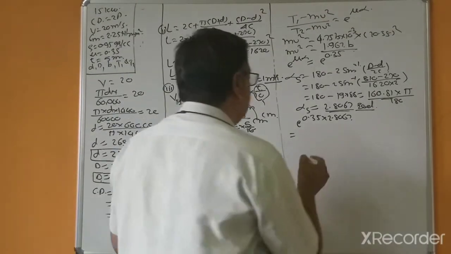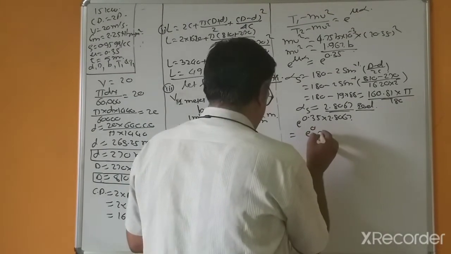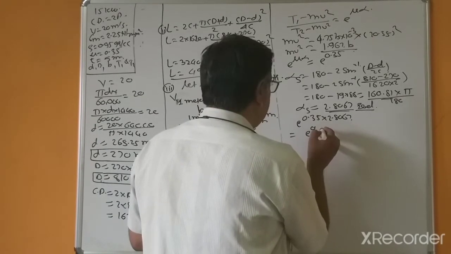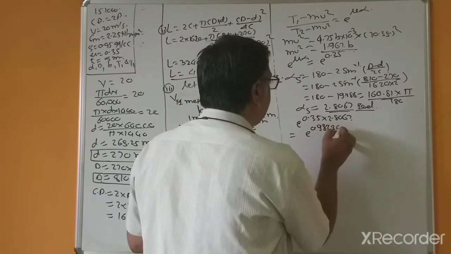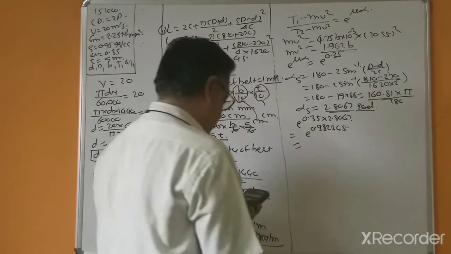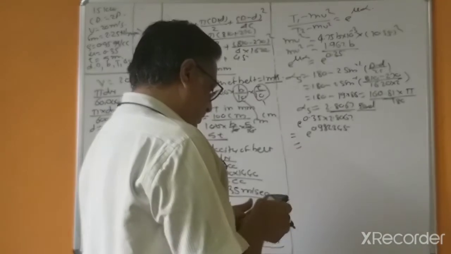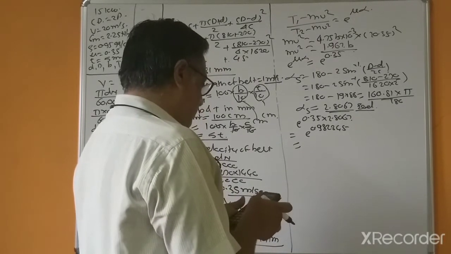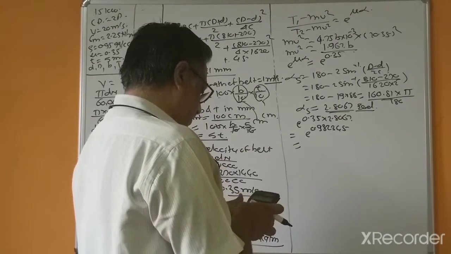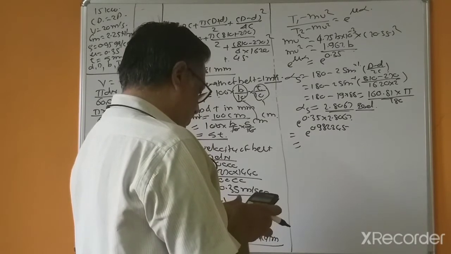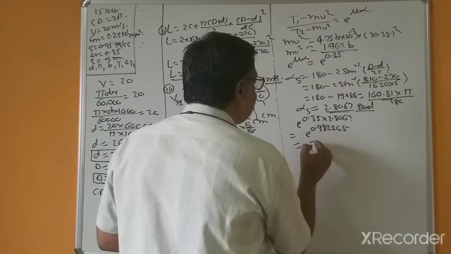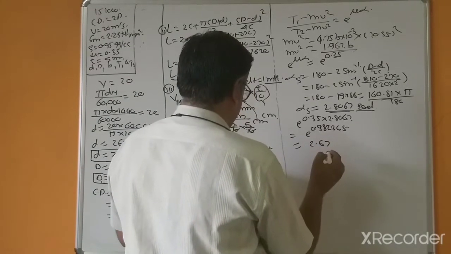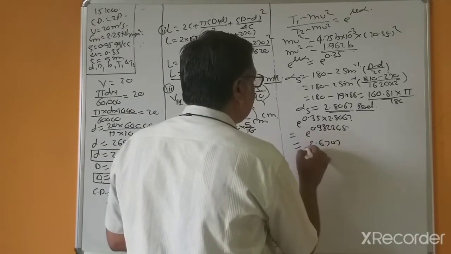This is equal to 0.982345, and e to the power of that equals 2.6707.